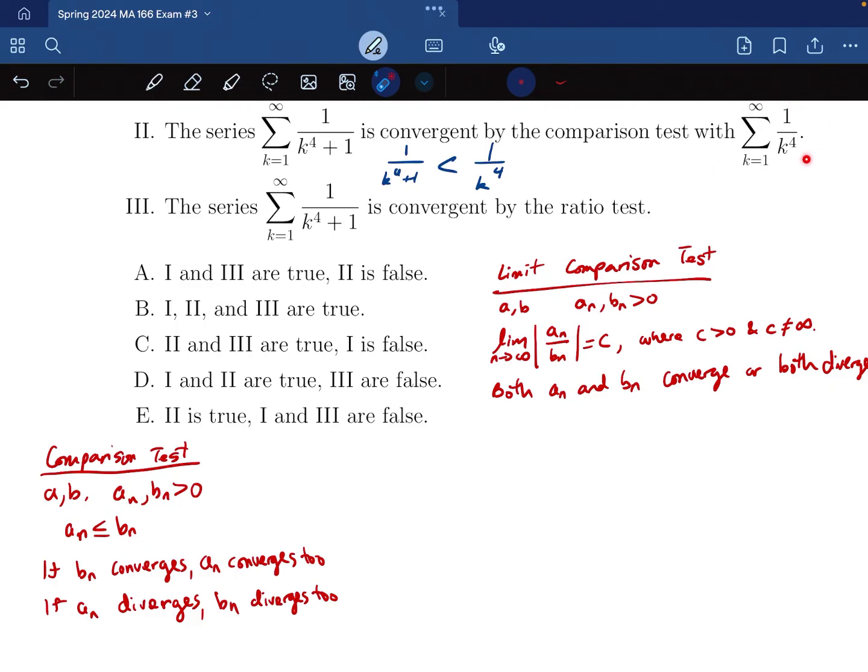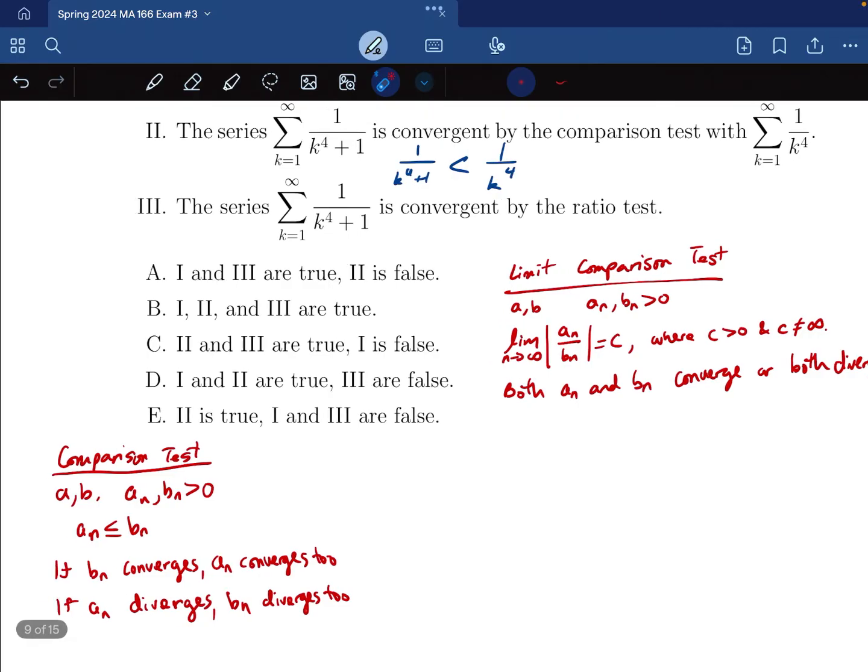We know that this series, 1 over k to the power of 4, converges, again, via the p-test. And according to the comparison test, if b_n converges, a_n converges as well, which means this series over here, 1 over k to the power of 4 plus 1, converges as well. So statement 2 is true.